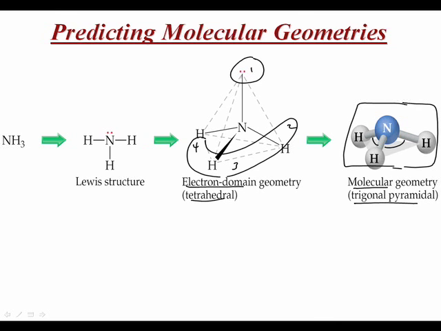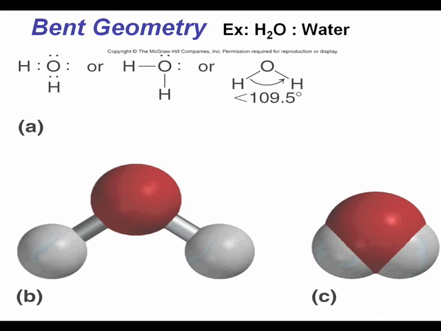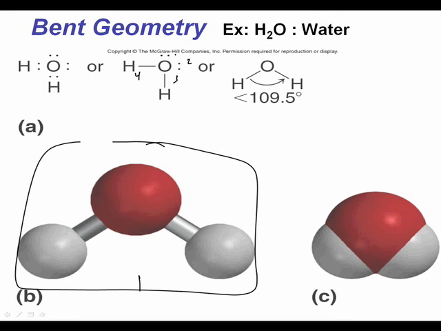He is a pyramid, that means a three-dimensional, sitting on a triangular base. And another example. Water. Water's pretty easy. We have 1, 2, 3, 4, again, 4 areas, but the actual guy is bent.